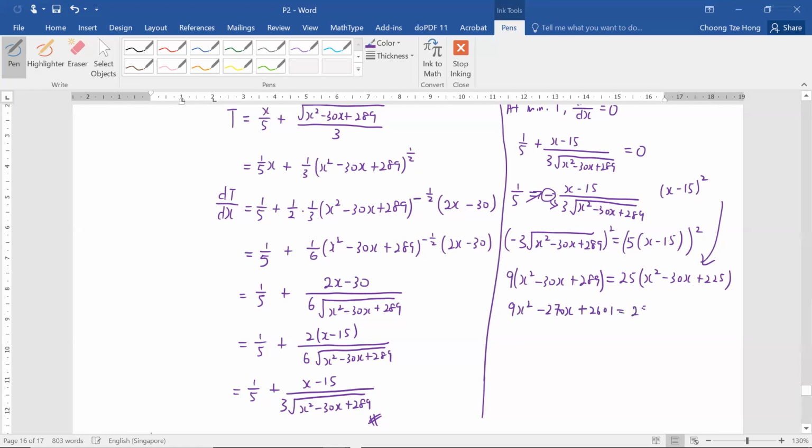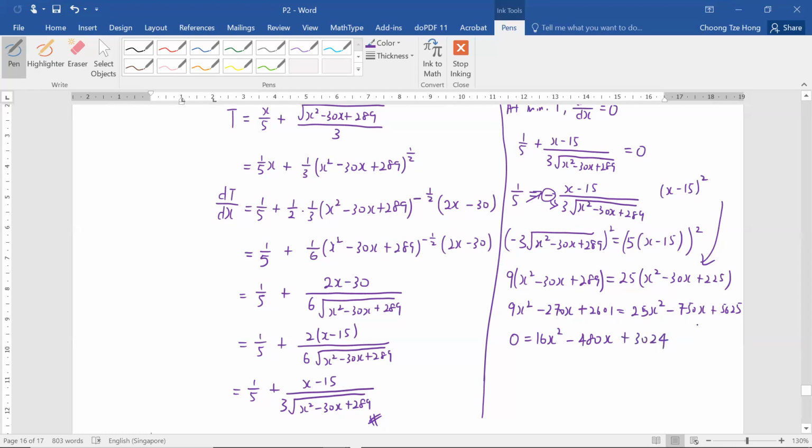Over here you get 25x squared minus 750x plus 5625. If you bring everything to the right side, 25x squared minus 9x squared gets 16x squared. Then minus 750x plus 270x gives minus 480x. Then 5625 minus 2601, you get 3024.